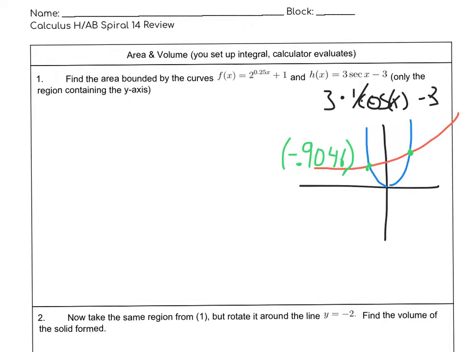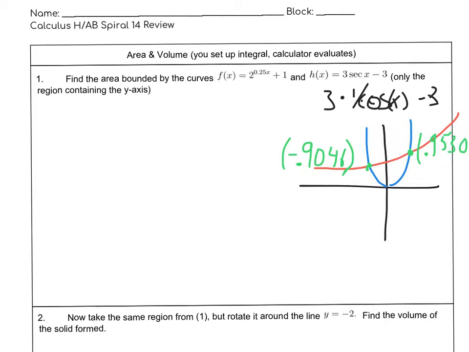I'm going to do the same thing, second calc, and go to intersect. Select my two curves, and when I press enter, we get 0.9530 or 0.9531.